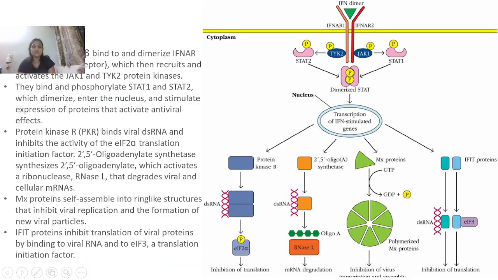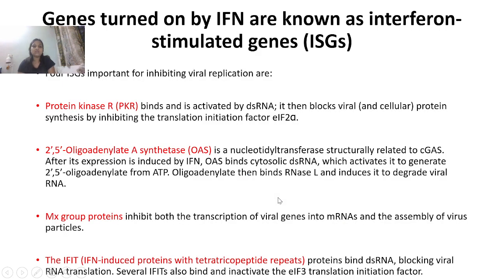Another one is 2',5' oligoadenylate synthetase. We call it OAS. It is actually a nucleotidyl transferase, which is related to cGAS. After its expression is induced by IFN, OAS binds cytosolic dsRNA, which activates it to generate 2',5' oligoadenylate from ATP.